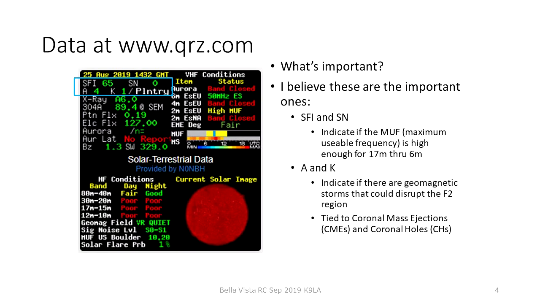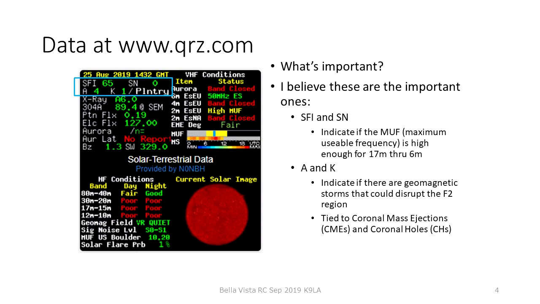So here's what I captured one day, the panel at www.qrz.com. There's a lot of nice, colorful stuff there, so let's dig down a little deeper. What I believe is important is what's in the blue box.